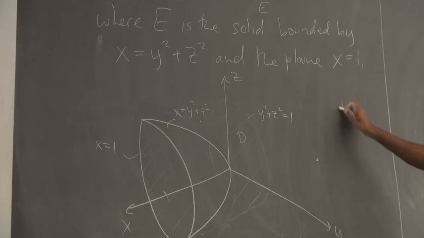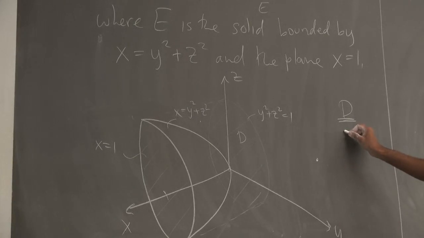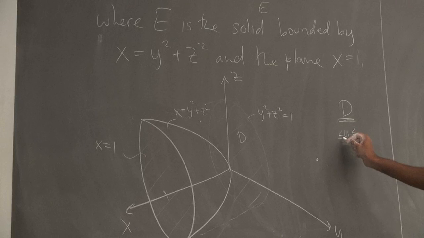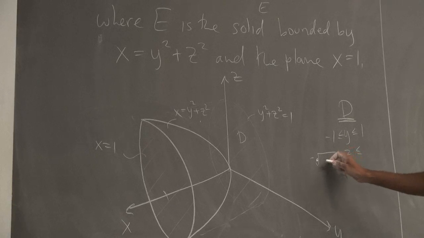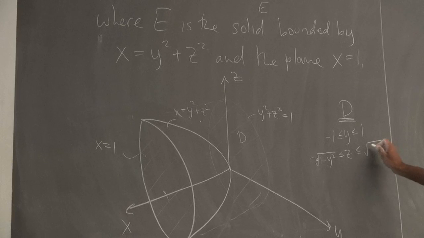And so for D, we can actually do the setup. We can let z go between minus radical 1 minus y squared and plus the radical 1 minus y squared.